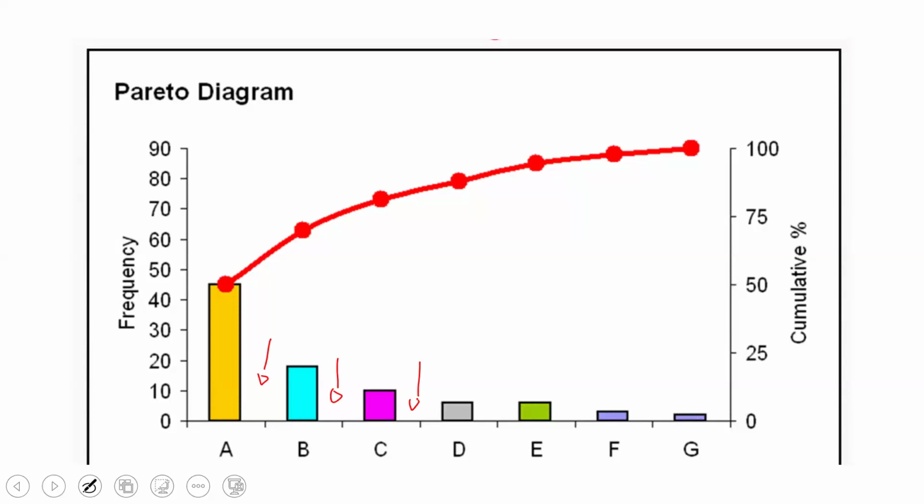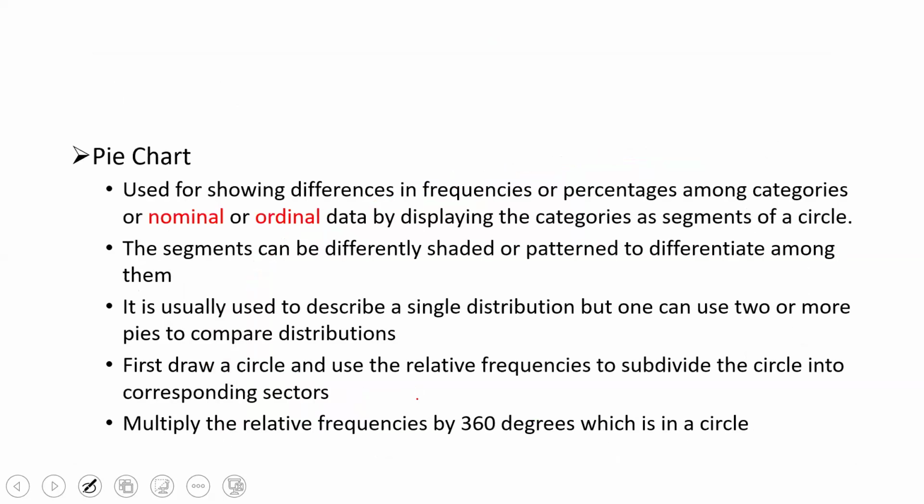Then we go to a pie chart. All of us know what a pie chart is. We've been doing it even from secondary school, and then you do all manners of graphs to divide it into sectors. Now, the good thing is that a pie chart and a bar chart are used for the same type of data, categorical data.